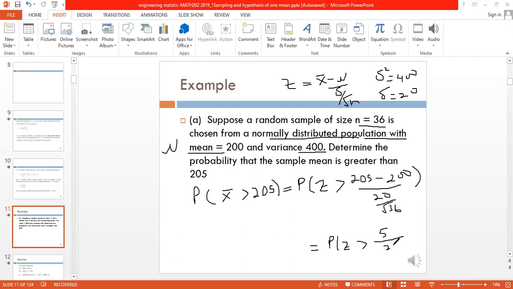Or if we change that, that will be this divided by that. Because of the division, it will be divided by 20 over 6. So then we can also write that as 5 times 6 over 20. That's what I mean.